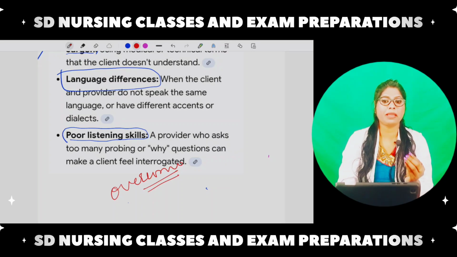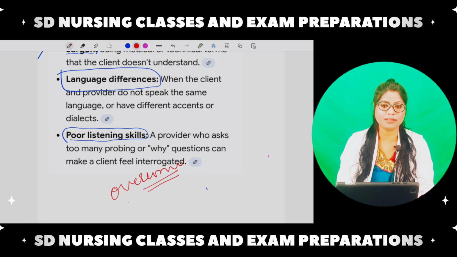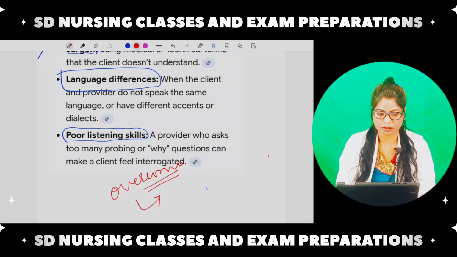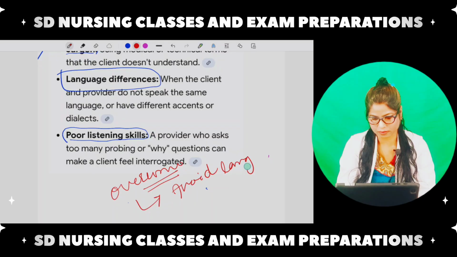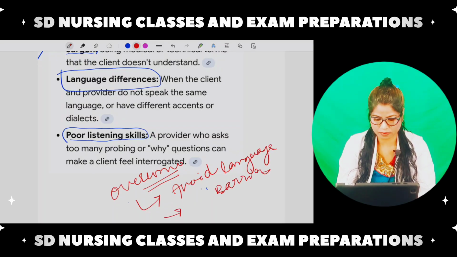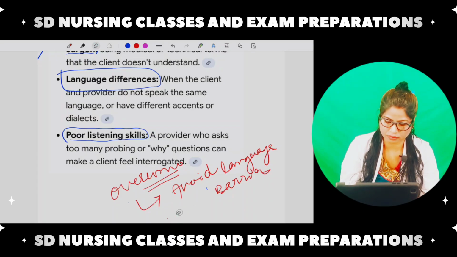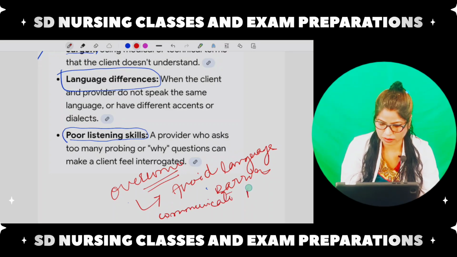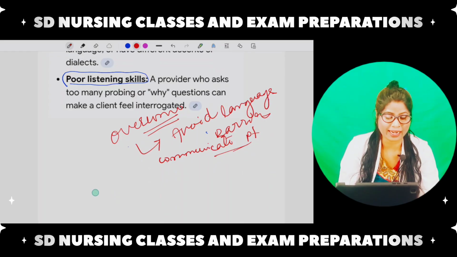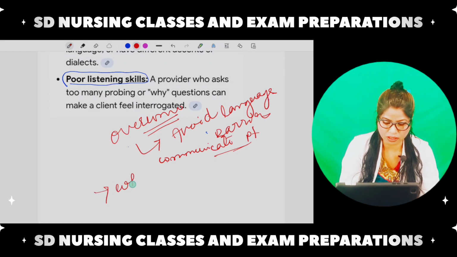Overcome means how you will make the communication effective. That is, you have to avoid the language barrier and communicate with the patient in that language which the patient can understand.